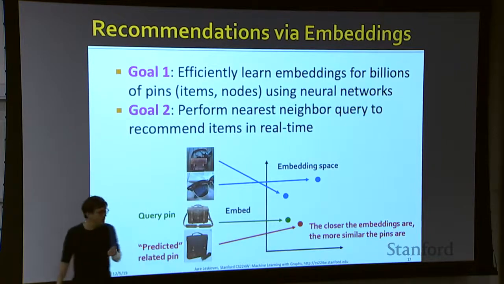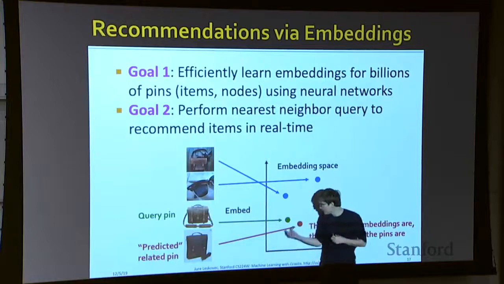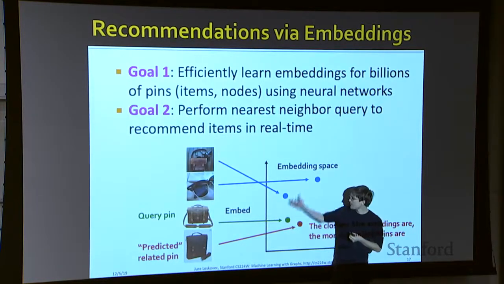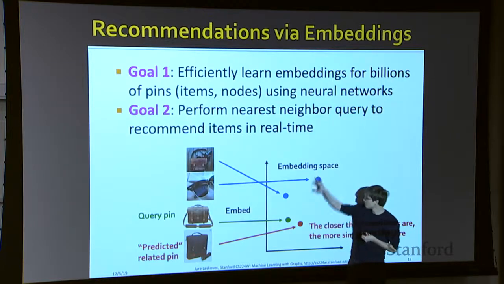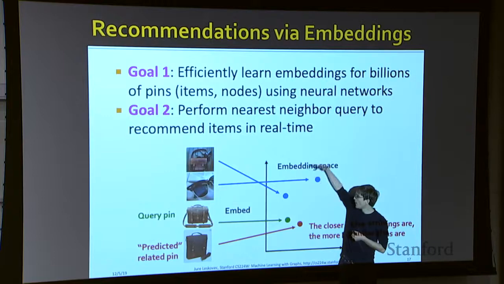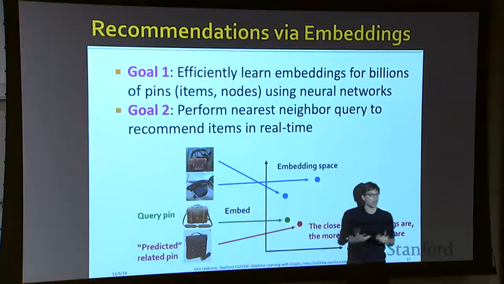Then the question will be, what you didn't ask me, is how do you quickly find nearest neighbors in this high-dimensional space? Because if you have a 300-dimensional space with about 3 billion points, you cannot compute the distance between the query and every pin and find the closest ones.